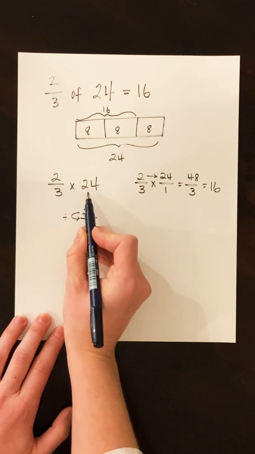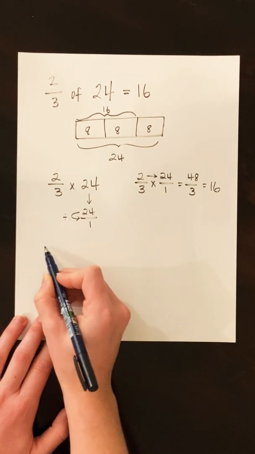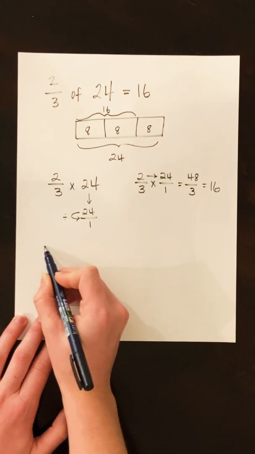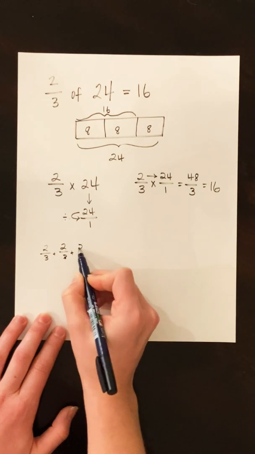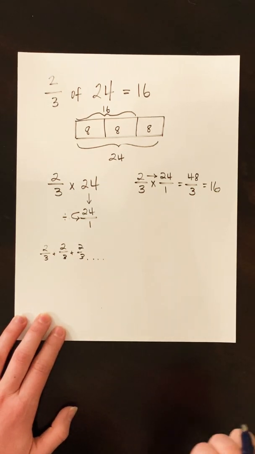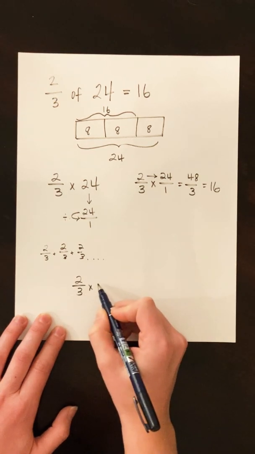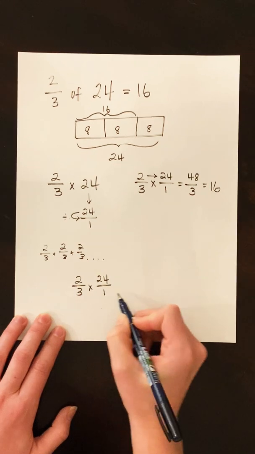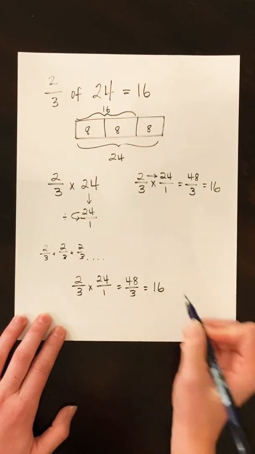Because we know that multiplication is the same as repeated addition. So if I have 24 bags and they each weigh 2/3 of a pound each, that would look like 2/3 plus 2/3 plus 2/3, 24 times. Or I can use multiplication and do 2/3 times 24 over 1, get 48/3, which is equivalent to 16.